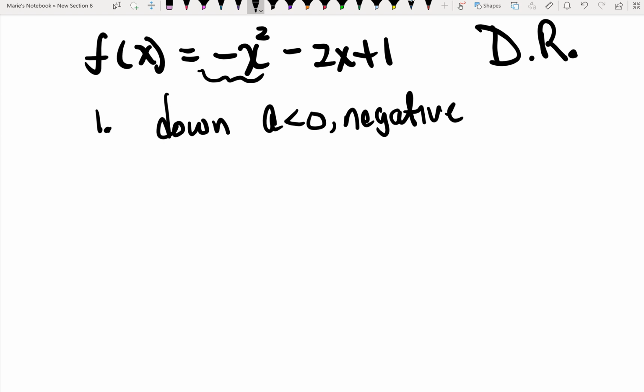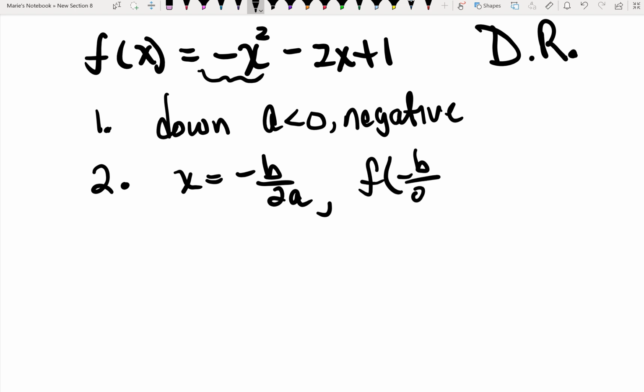And in part 2, we need to find that vertex value. Since we know that we're going to use where x is equal to negative b over 2a, and f of negative b over 2a is our value for y. Okay, so we're locating both of these parts of the equation.